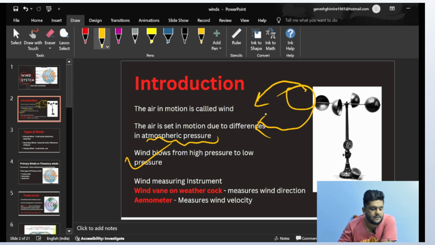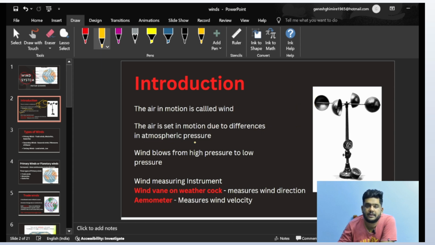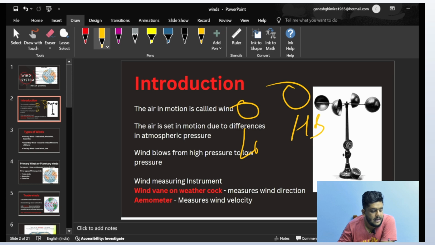When we do the chapter called atmospheric pressure, there we shall be discussing various types of pressures. Just for today, remember one thing: there are two pressure zones, one is the low pressure zone and another one is the high pressure zone. And wind always blows from the high pressure zone to the low pressure zone. All right.